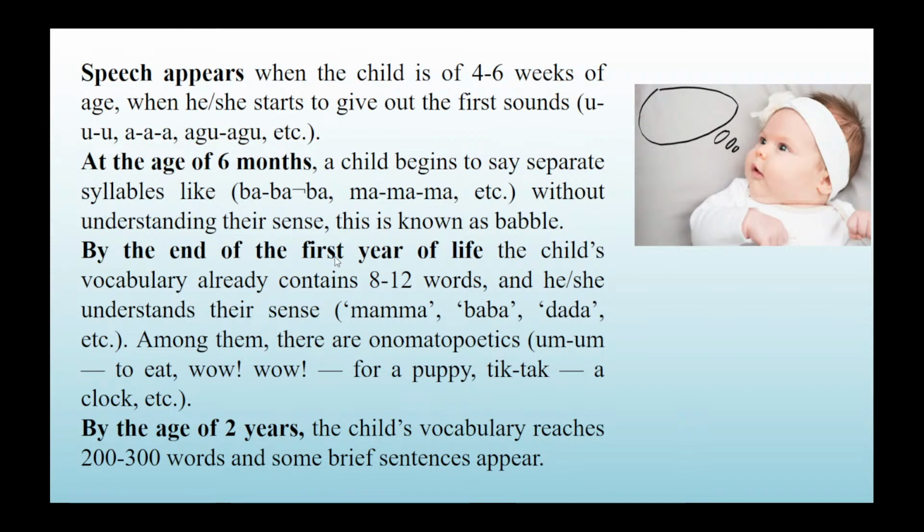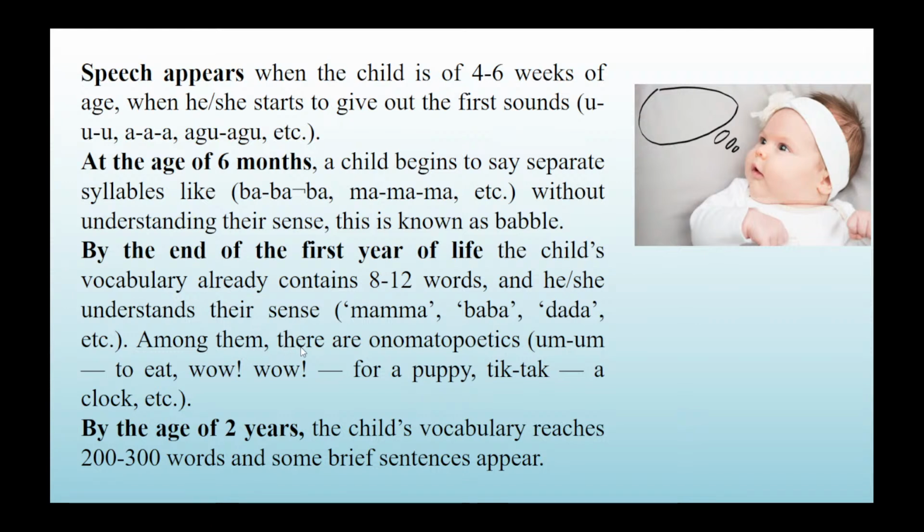By the end of the first year of life, the child's vocabulary already contains 8 to 12 words, and he understands their sense. For example, mama, baba, dada, and so on.